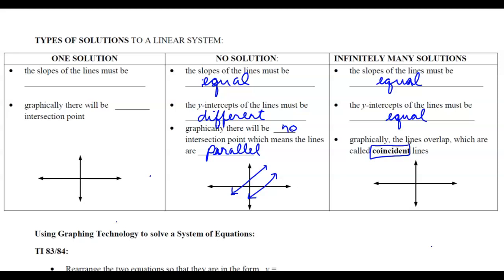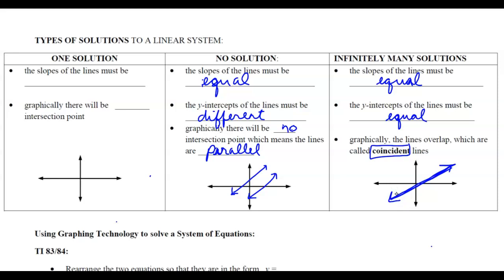Incident means they coincide. They're exactly the same line. That's the math word for it. I always say parallel and coincident, but coincident really means all the points are the same, so it's kind of understood that they're parallel. So that would be just right on top of each other, right? Those are all the same points.